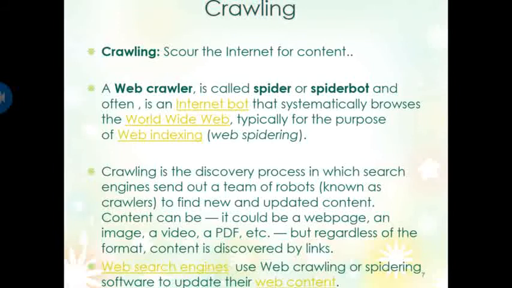When you type something on Google, it sends its crawlers to search for the information. They find new and updated content. Content can be anything like a web page, image, video, PDF.